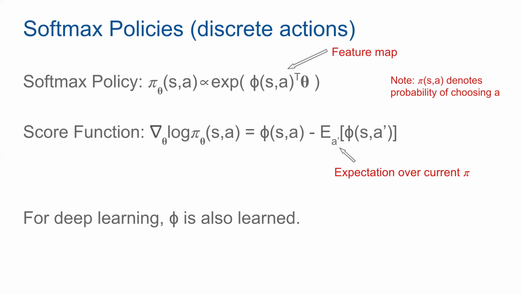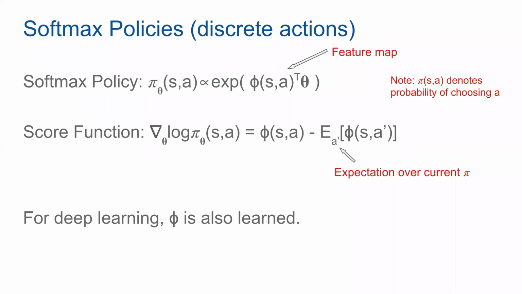And again, for deep learning, this feature map phi is also learned. This is the formulation that we would write for linear softmax policies, where you handcraft the feature map. For deep learning, phi is also learned, and then theta would just be the weights on the last layer of the neural net, and phi would capture all the weights up until the very top layer of the neural net.